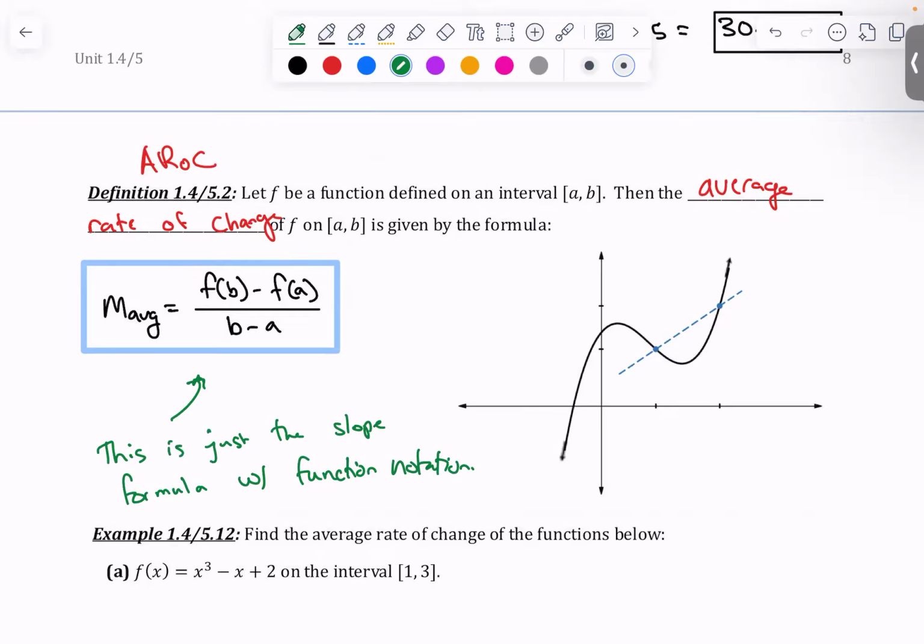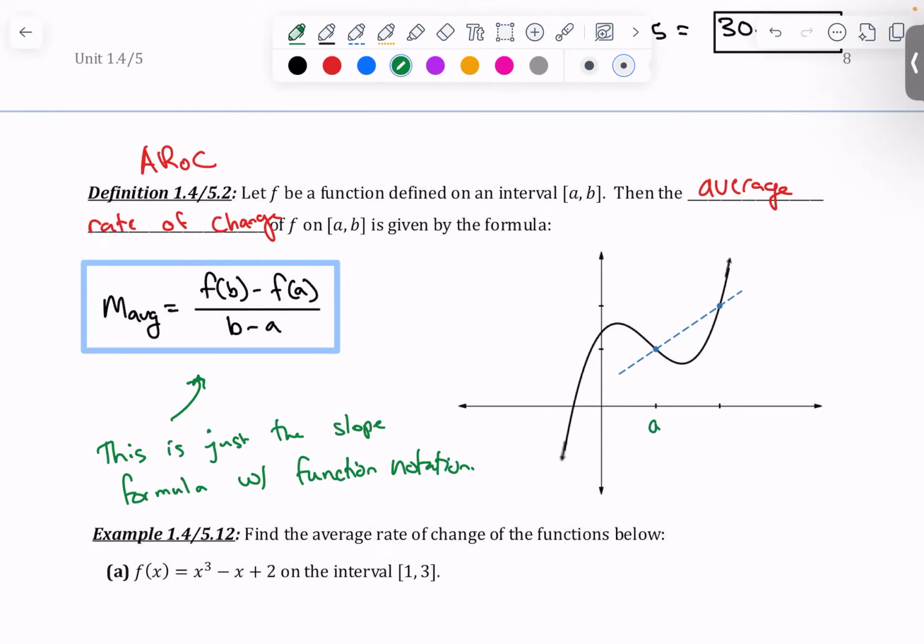I'll elaborate. This is just the slope formula with functional notation instead of y's and x's. f of b is a y value. f of a is a y value. b and a are x values. That's all this is. So the visualization is over here.